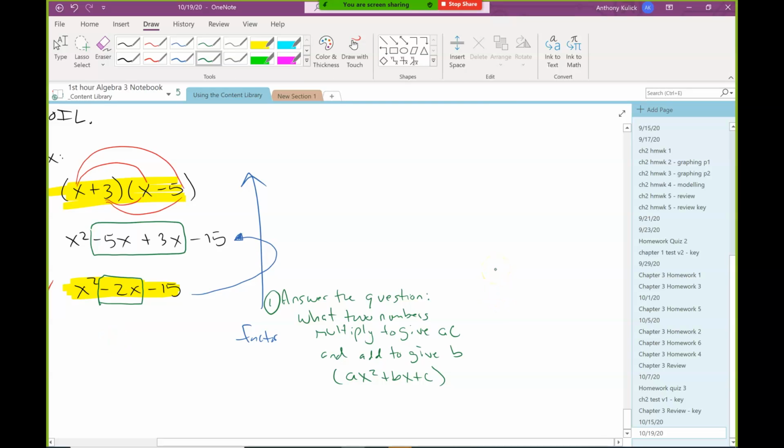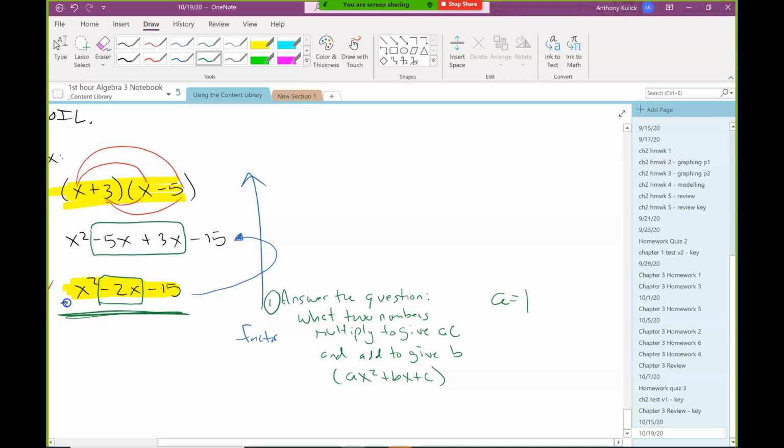So if we look at our standard form polynomial, what are our values for A, B, and C? What does A equal? So again, this is our starting problem right here. This is our standard form polynomial. A is 1. Very good.